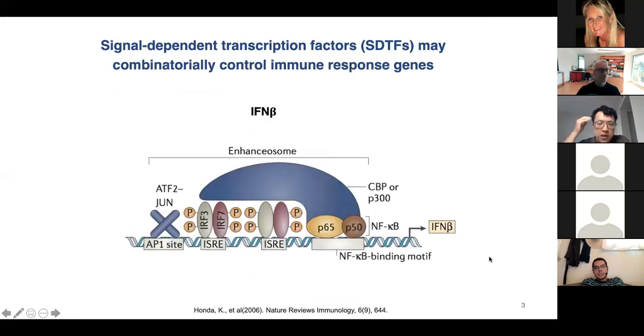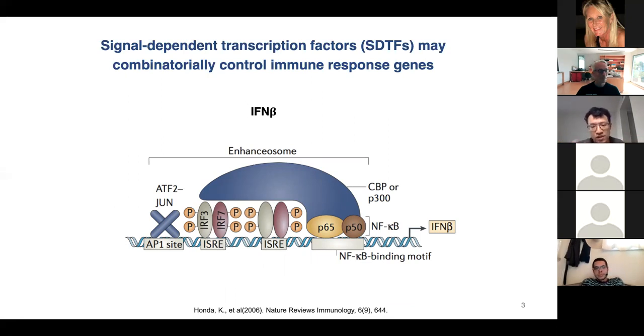A very attractive idea is that such gene-specific responses can be achieved by combinatorial gene regulatory strategies involving multiple signal-dependent transcription factors. Here is interferon beta, which has been shown to be regulated by AP1, IRF and NF-kB. However, it's still unclear how those transcription factors together synergistically regulate interferon beta.